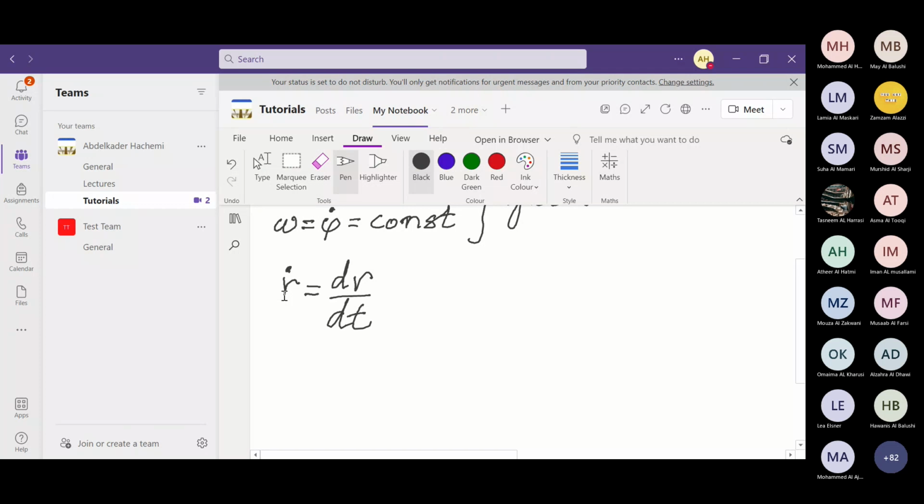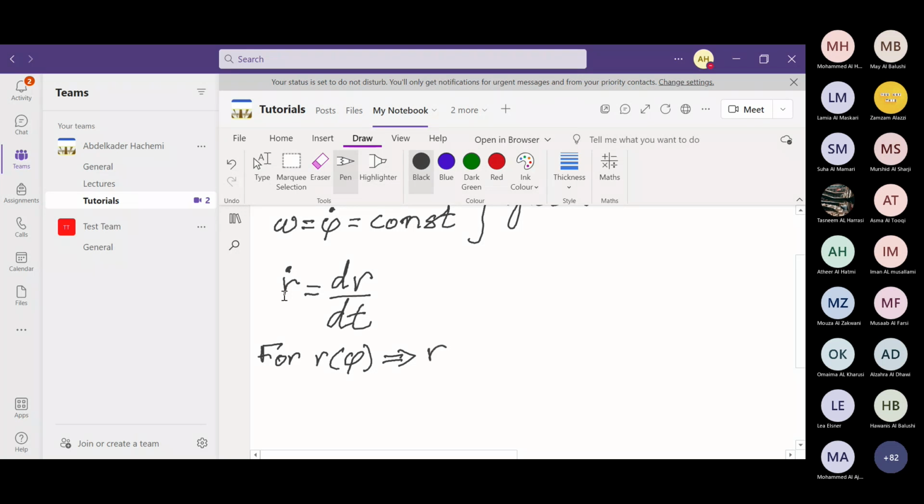Then, for what is asked for, r as a function of phi, we can use what we call the chain rule.